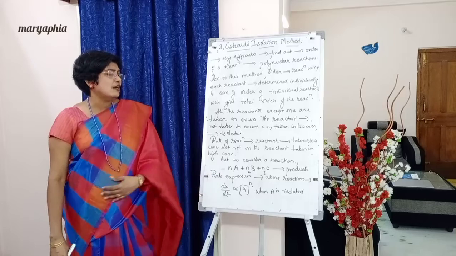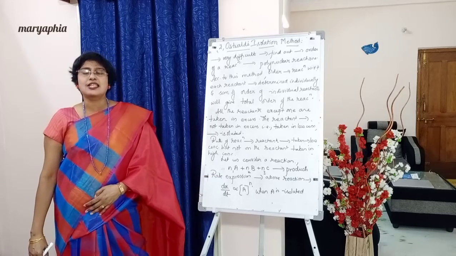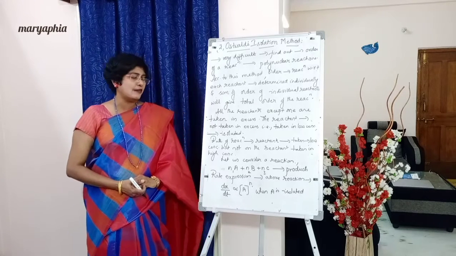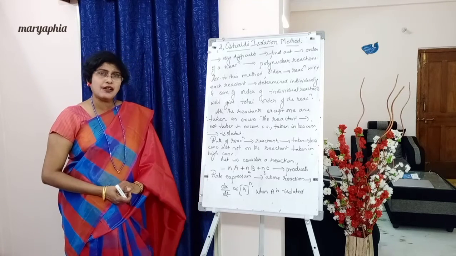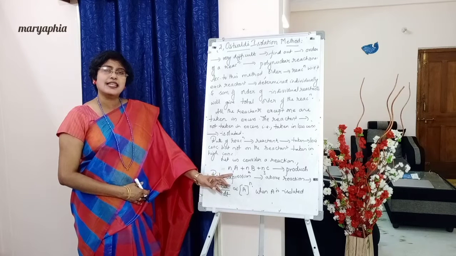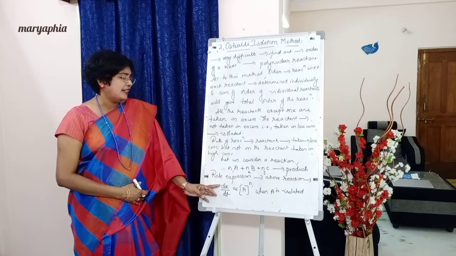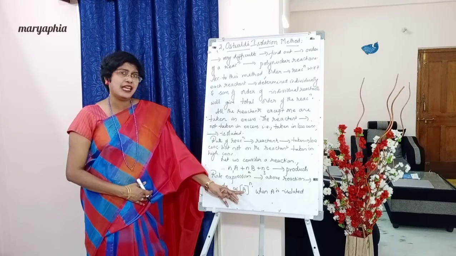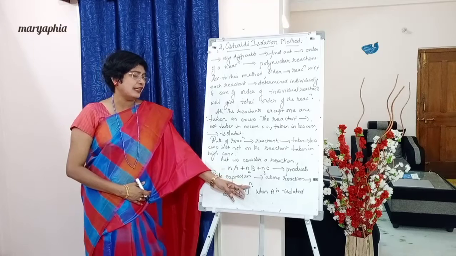Below write down. The rate expression of the above reaction becomes: when A is taken in smaller concentration, that means when A is isolated, dx by dt is proportional to concentration of A to the power n1.